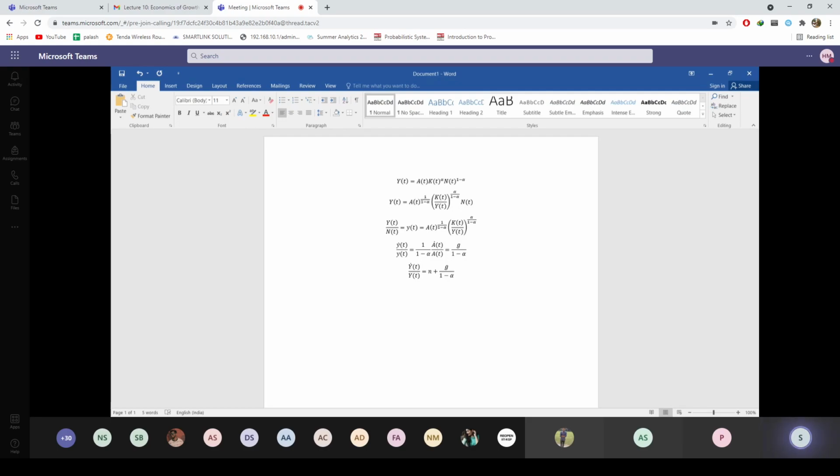When it was only a labor augmenting production function, we simply manipulated that production function by dividing both sides by At and Nt. This is the tricky part over here, the hint. What should I do if I divide both sides of this equation?